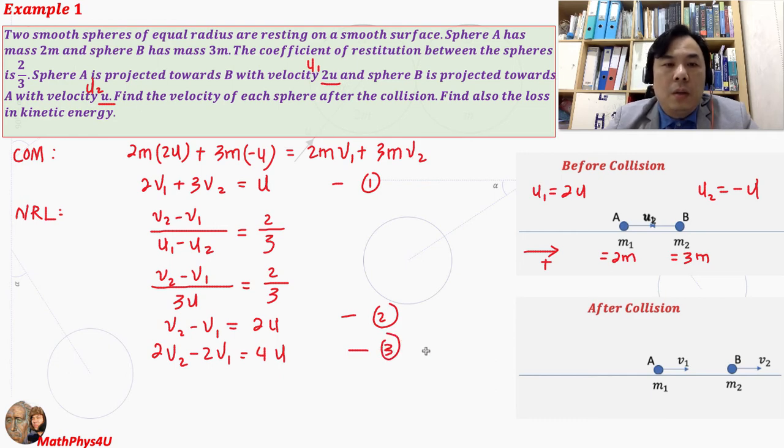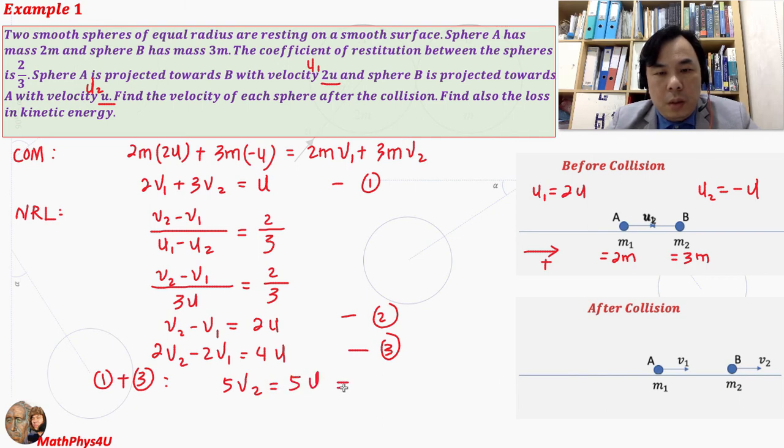Okay, so from here onwards, all we need to do is eliminate the equations by taking 1 plus 3 in this case. So if I take 1 plus 3 here, I will get a 5v2. That is actually a 5u. And then eventually I will get v2 equal to u.